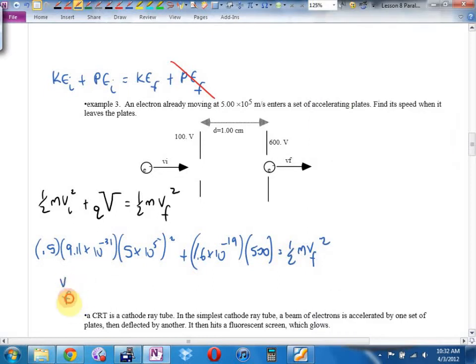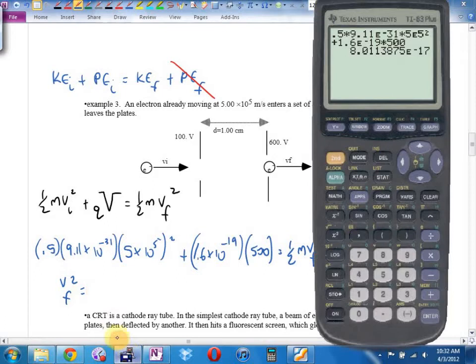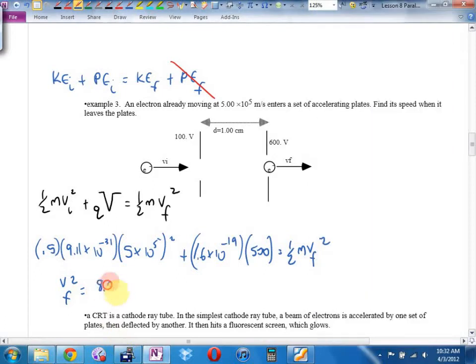So V final squared is going to be, what did I say it was? 8.0114 times 10 to the negative 17 divided by a half, or I could have times by 2, Katie, and divided by 9.11 times 10 to the negative 31, square rooted. And I can get rid of the squared, Mr. Dueck.